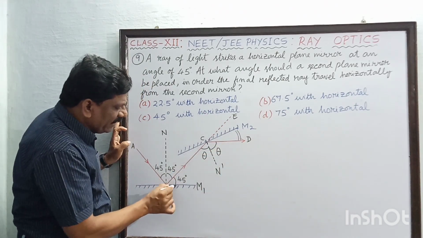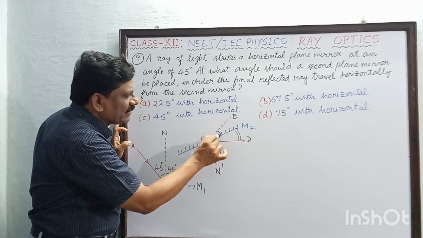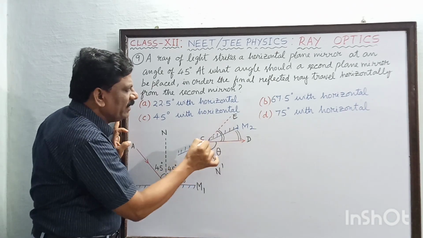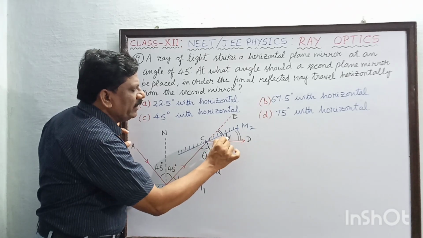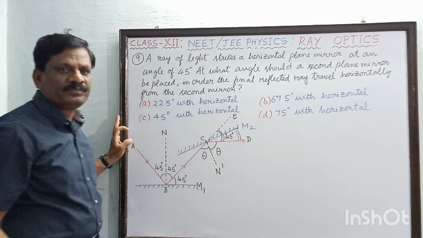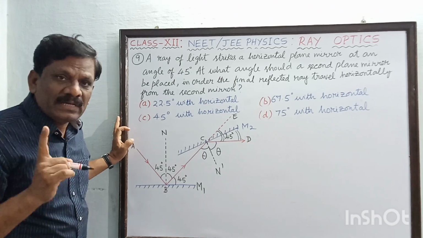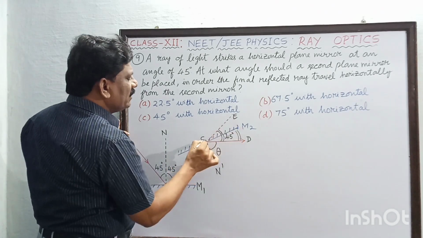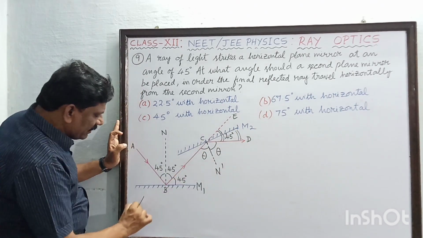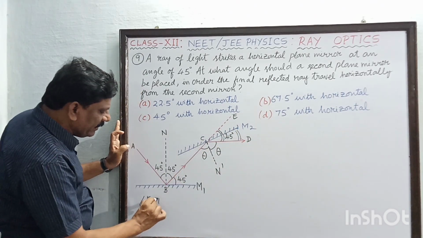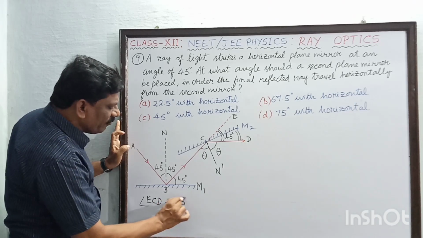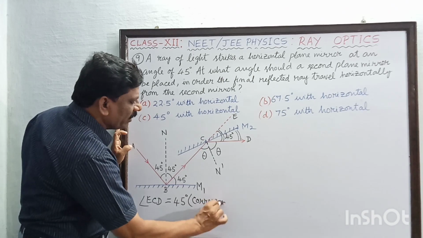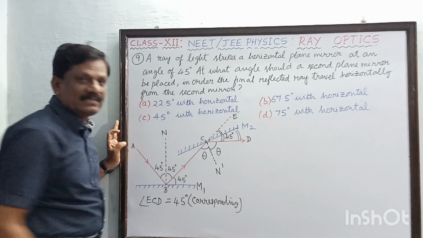So if this angle is 45 degrees, then the corresponding angle, the total angle ECD, must also be equal to 45 degrees. Understood or not? Because it is a corresponding angle. So I will write angle ECD is equal to 45 degrees because it is a corresponding angle between the two parallel lines.